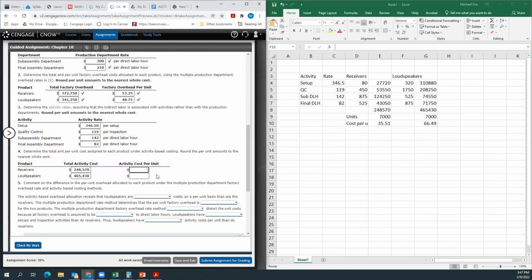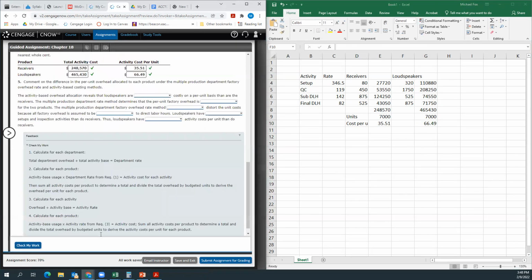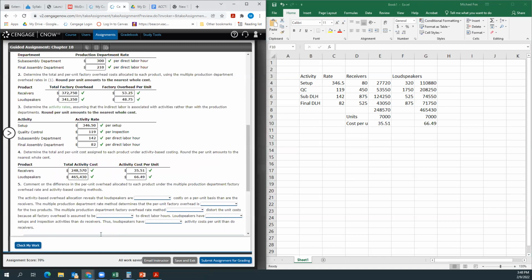The receivers had an activity cost of $35.51 per unit, and $66.49 for loudspeakers. Check my work. I think I got that all right.